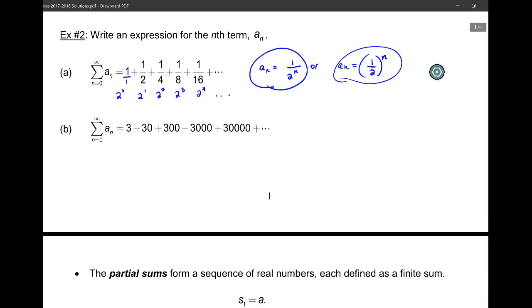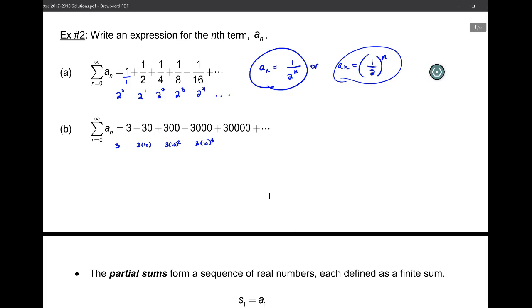Okay, the next one. First of all, it's an alternating series, so we know we're going to have a negative to the nth power. These look like 3. This one's 3. And this one's 3 times 10. Then this is 3 times 10 squared, 3 times 10 to the 3rd.